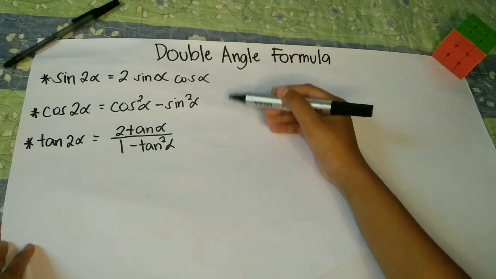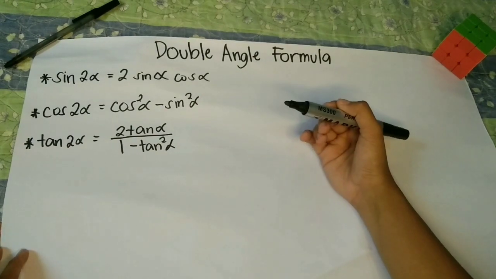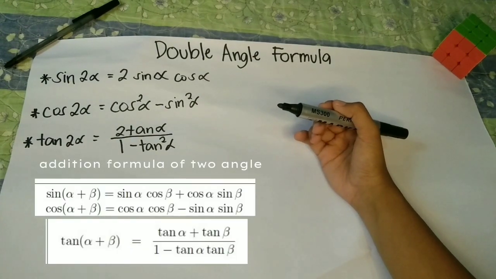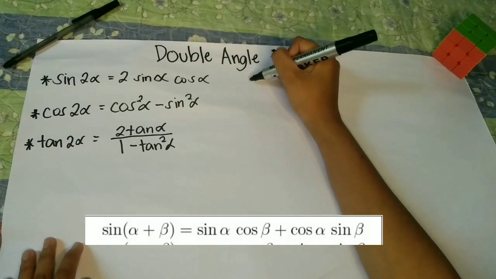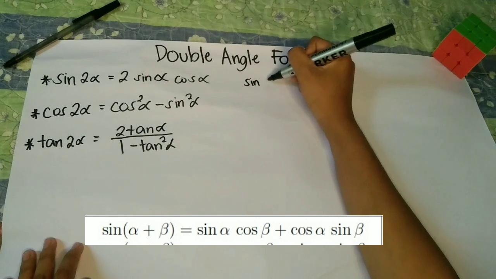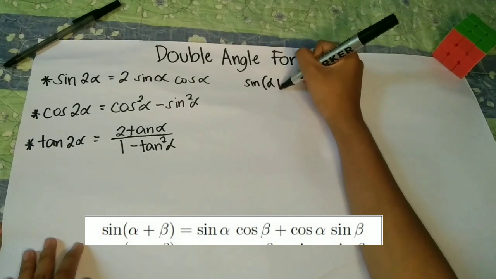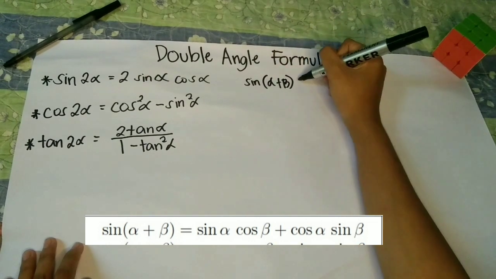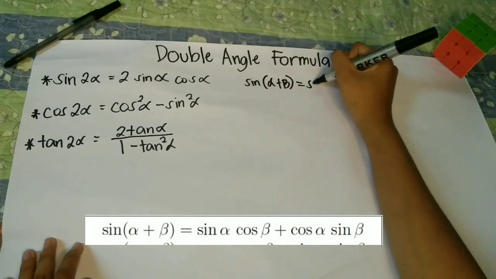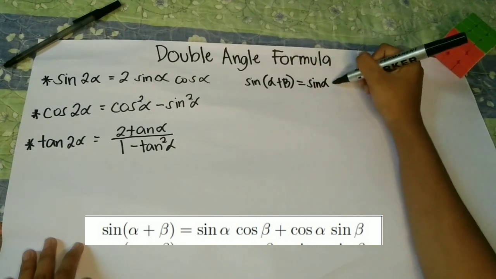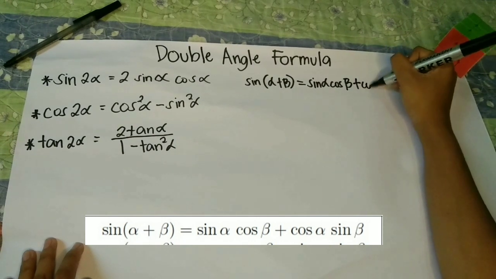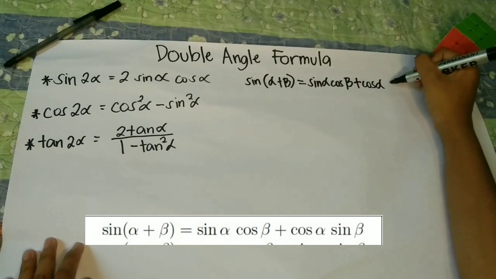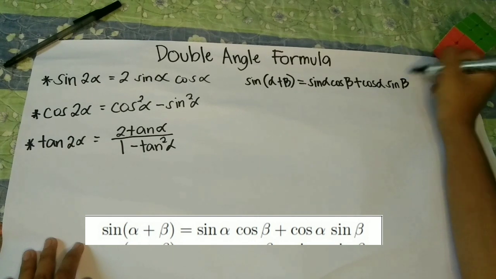So to prove this formula, we need to use the addition formula of two angles, which for sine is sine alpha plus beta is equal to sine alpha cosine beta plus cosine alpha sine beta.